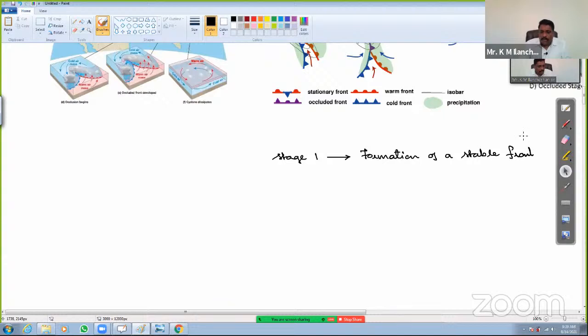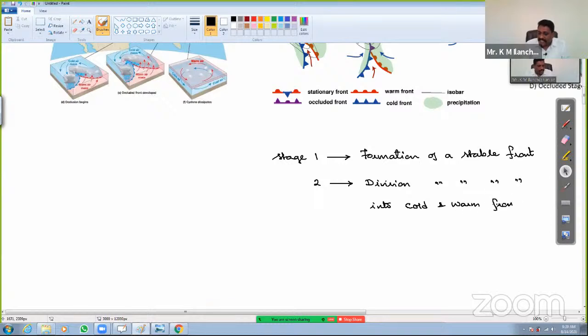If you want to include the wave formation, you can include it. Otherwise, simply take it as stage two. Stage two is division of a stable front into cold and warm front.